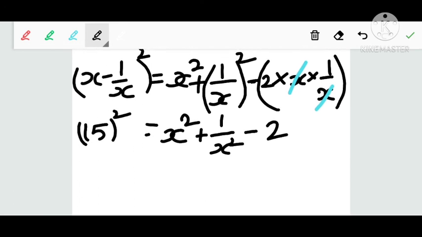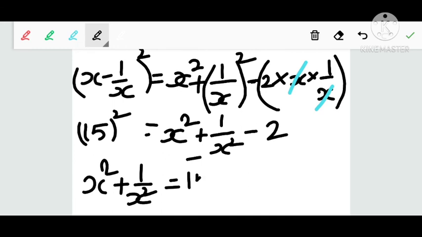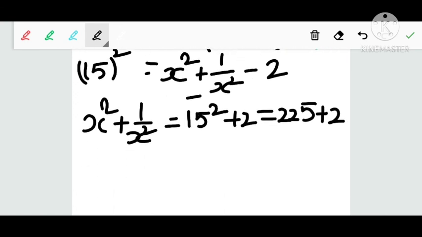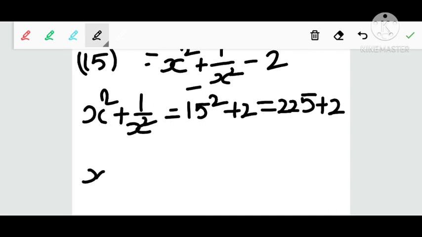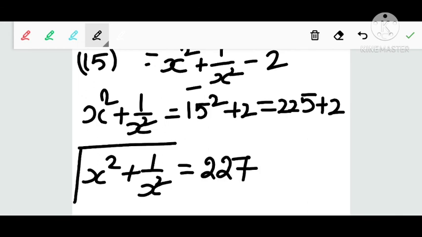I keep this value as it is and change this minus 2 to the left-hand side. So x square plus 1 by x square is nothing but 15 square plus 2. 15 square is 225, plus 2. So what is the value of x square plus 1 by x square finally? 227 is the final value.